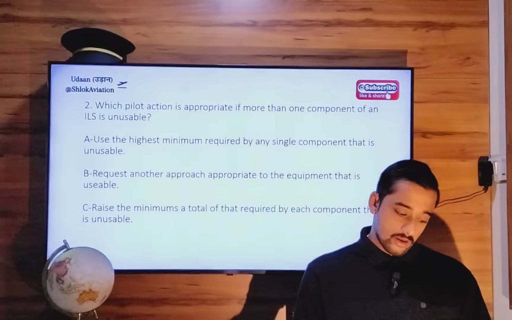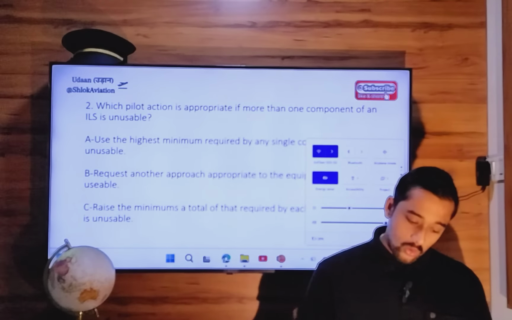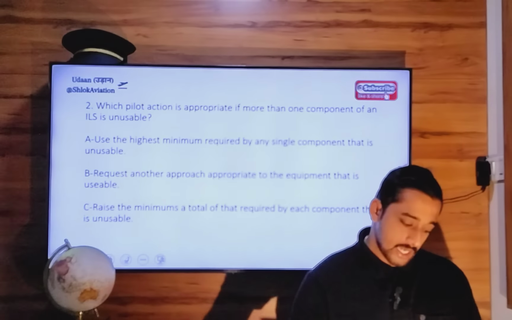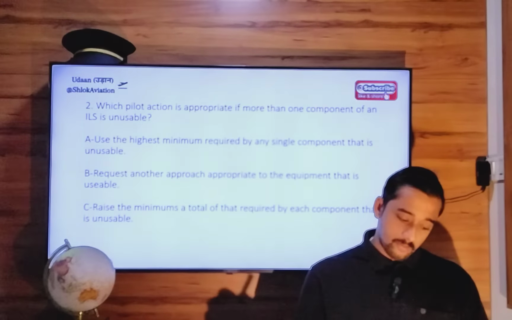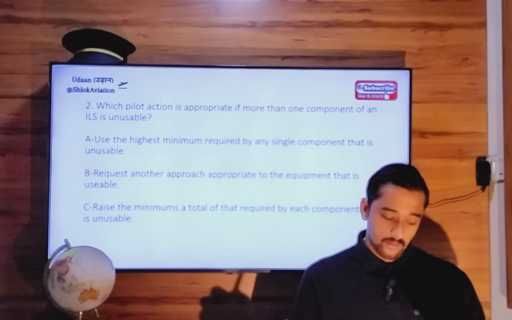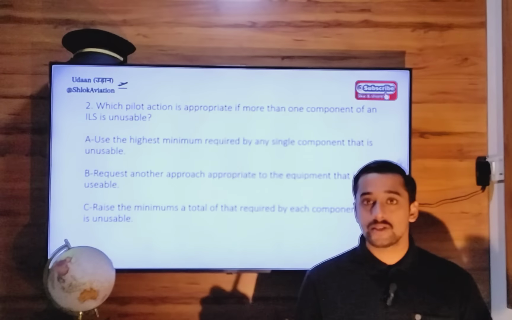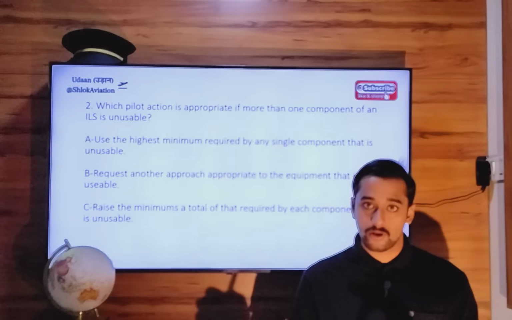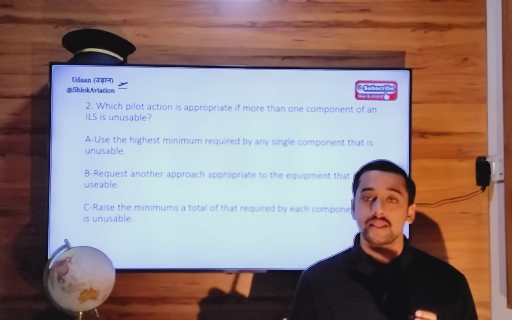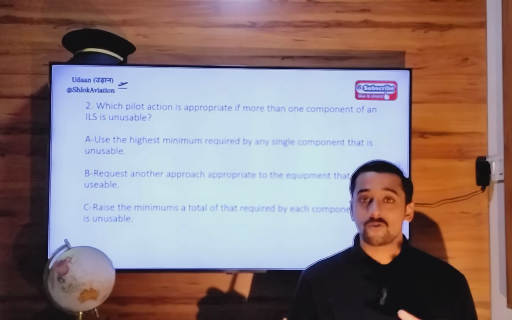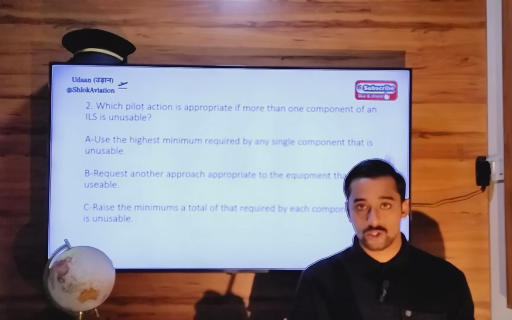Next, which pilot action is appropriate if more than one component of an ILS is inoperative or is not functioning? Very important question. Now the ILS system is a precision approach aid. Whenever any component that makes up an ILS system is not working, then we have to increase the minimums of that ILS approach, right?